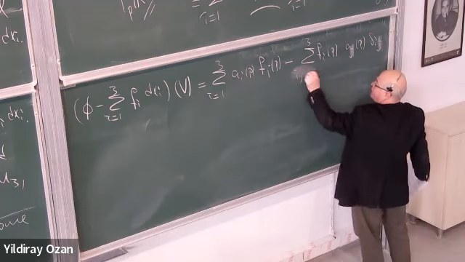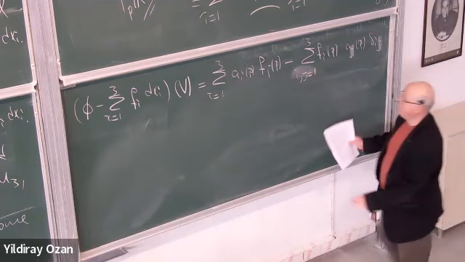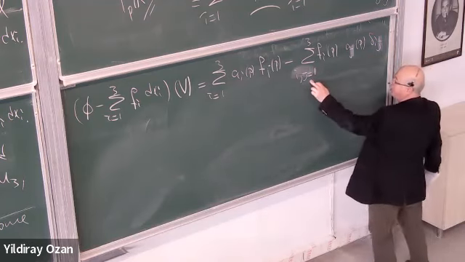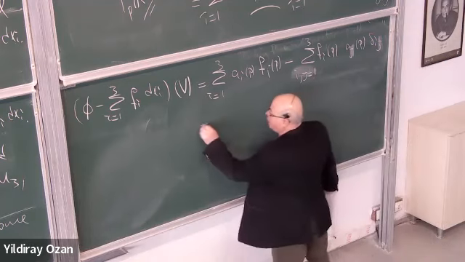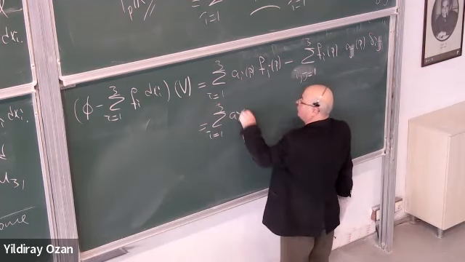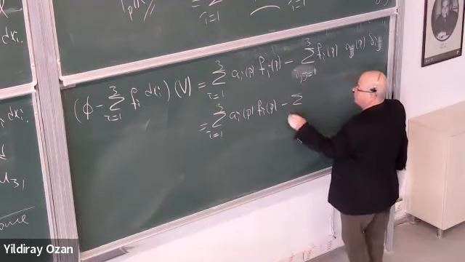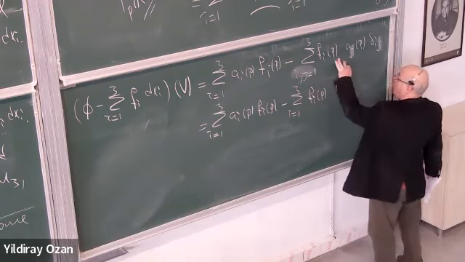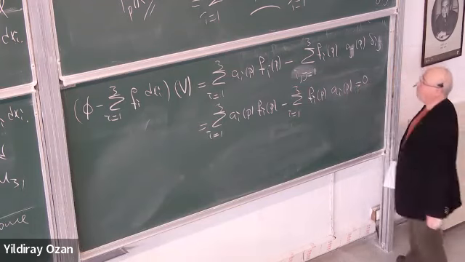Maybe I can write it this way, 1 to 3. And of course, this is 0 if i and j are different, and it is 1 if i and j are the same. So I have both terms equal to each other. This is just the same thing, fip and aip.